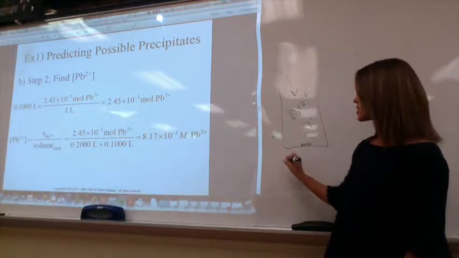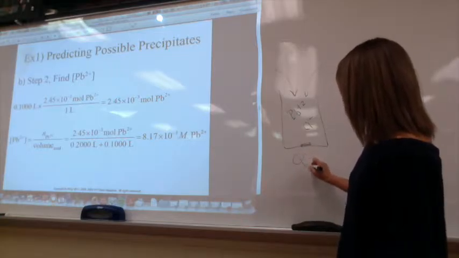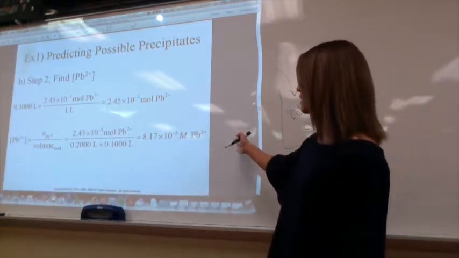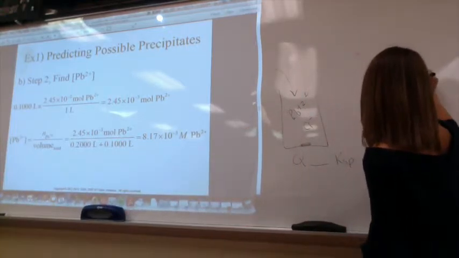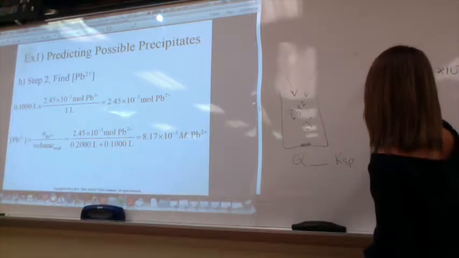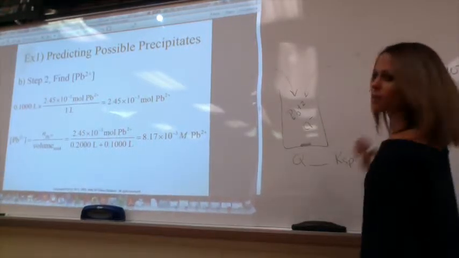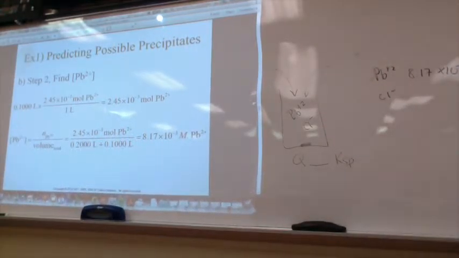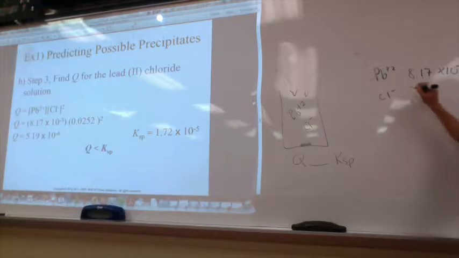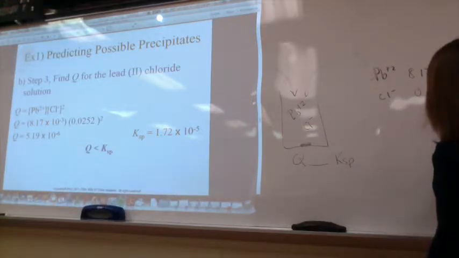So what you need to do is calculate your Q value and then compare it to your KSP value. Yesterday we found the concentration of the lead ions was 8.17 times 10 to the negative third molar for Pb plus 2, and the chloride concentration was 0.00252.